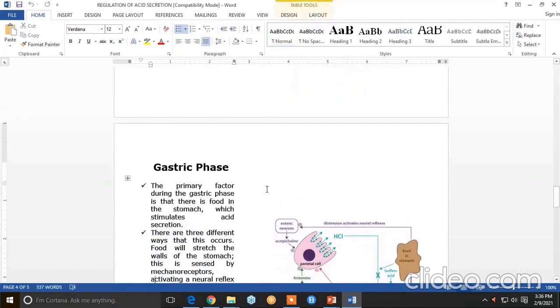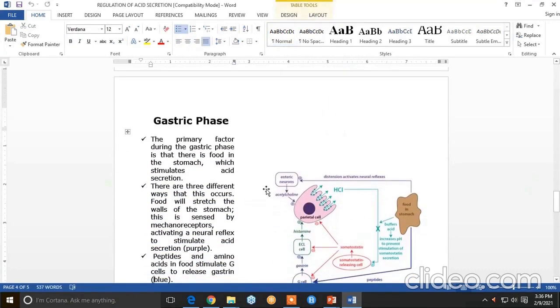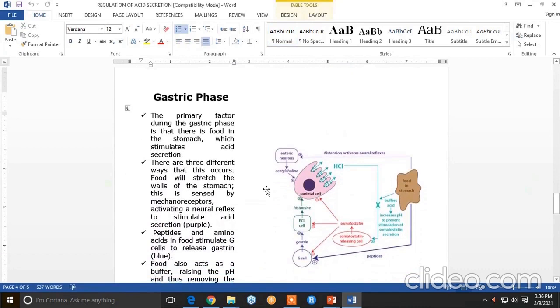Now the second one is the gastric phase. The primary factor during the gastric phase is the food in the stomach, which stimulates acid secretion. There are three different ways this occurs. Food will stretch the wall of the stomach. This is sensed by mechanoreceptors, activating a neural reflex to stimulate acid secretion. In the diagram, this is shown in purple.